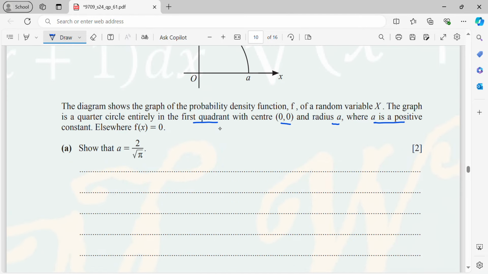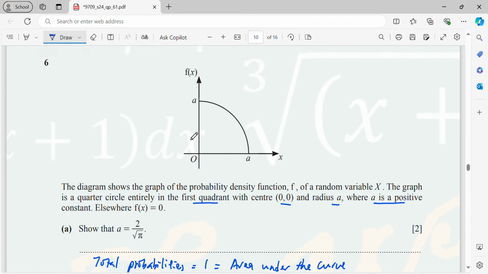From here, we know that the total probability equals 1, and this equals the area under the curve. Since this is a sector, okay, this is a sector.